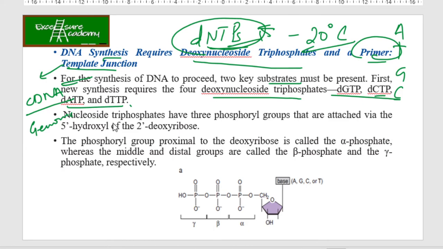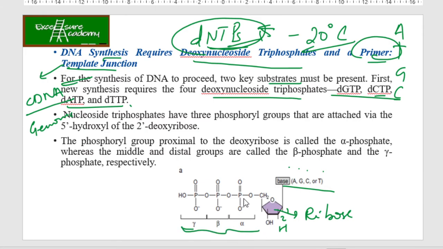Then nucleoside triphosphates have 3 phosphoryl groups that are attached via the 5-hydroxyl of the 2-deoxyribose. So इसका क्या मतलब हो रहा है? So we have got the ribose over here. ठीक है, आप देख सकते हैं यहाँ पे 2-deoxy बोला, तो यानी कि यहाँ पे सिर्फ H प्रेजेंट है. ठीक है, अब उसके बेस में यहाँ पे आपका एडेनिन, ग्वानिन, साइटोसिन और थाइमिन प्रेजेंट रहेगा, और उसके 5th कार्बन में you will have 3 phosphate groups.